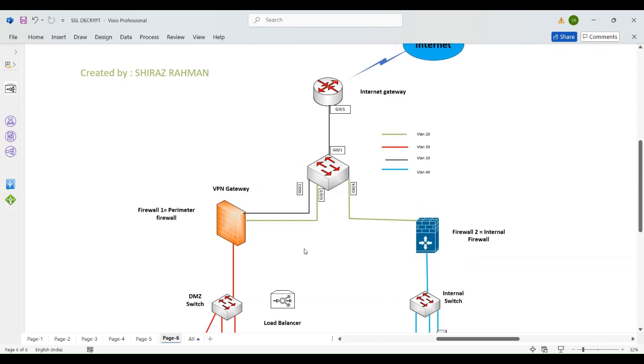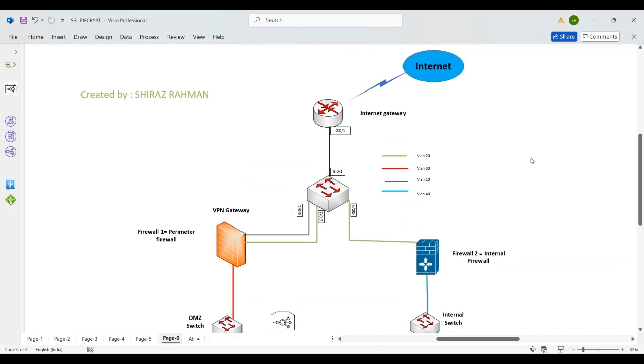In that case, we will have the traffic coming from the IPsec, right? So that is why we are having the VPN gateway over here. We can also use the VPN gateway over here, but we are using the VPN gateway on the perimeter firewall.